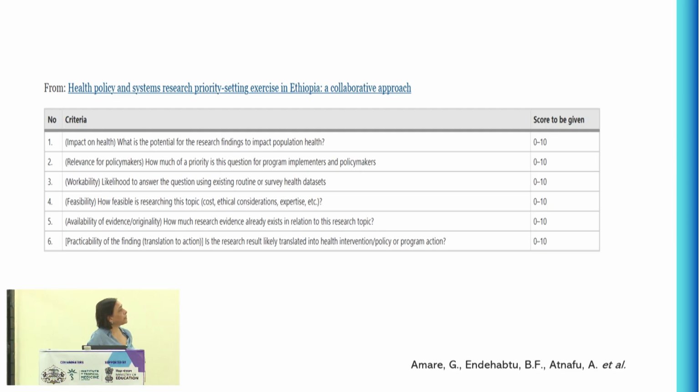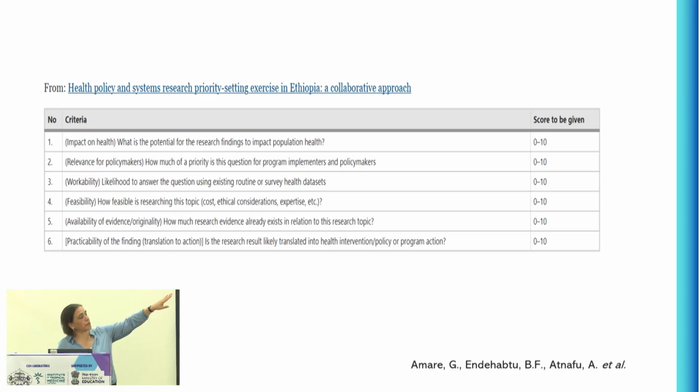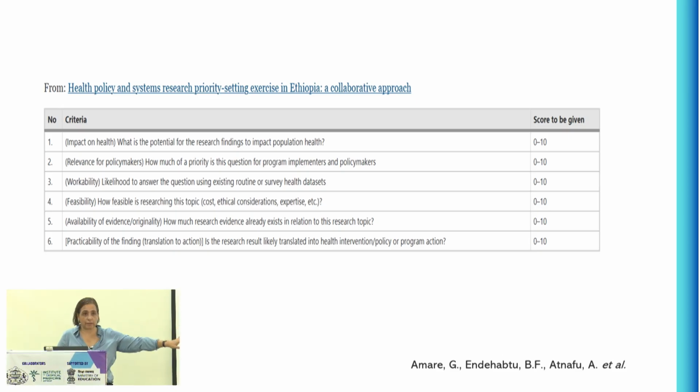And practicability, so is the research result likely to be translated into health interventions or program actions? Okay, so they set the criteria and then they actually weighted the criteria. And weighting means that some criteria were given more emphasis than others.